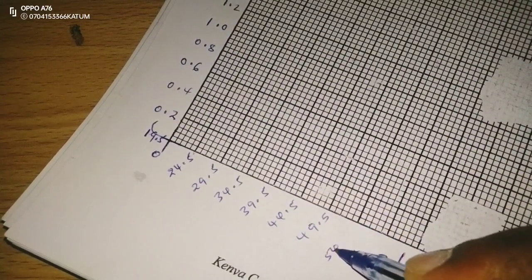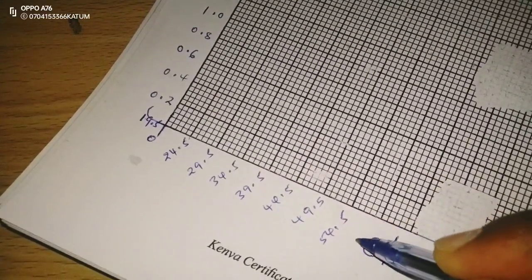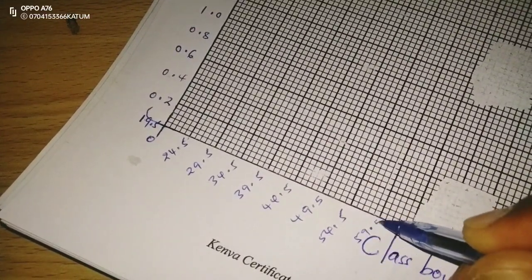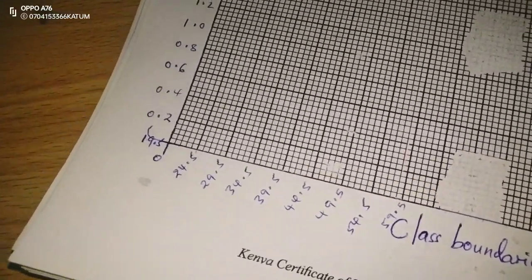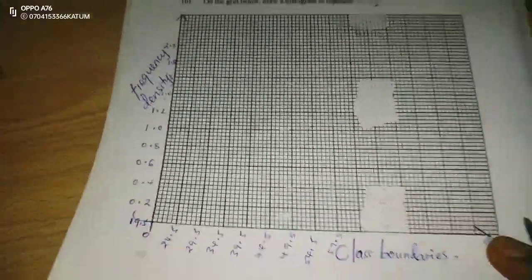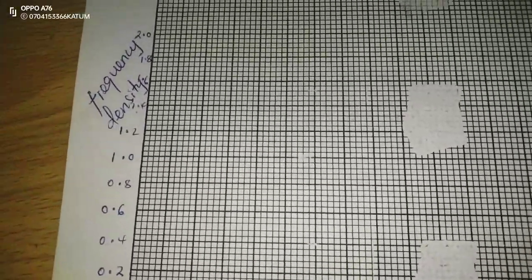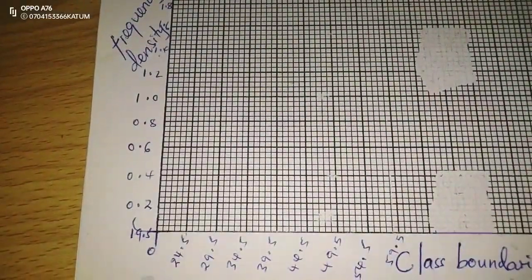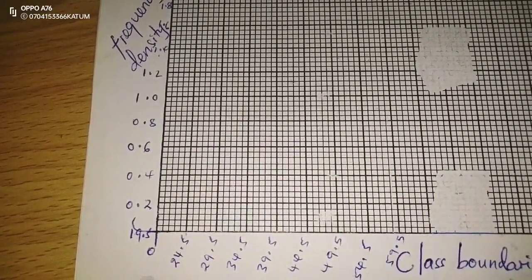This should be 54.5, and finally 59.5, which is the greatest upper boundary. So now we can plot frequency densities against upper boundaries.